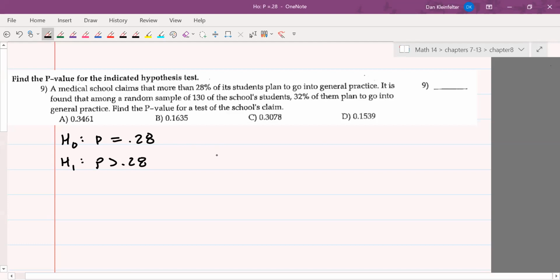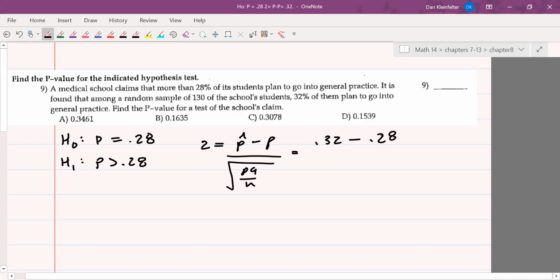The p-value is derived from the test statistic, and this one is about a proportion. So it will be p hat minus p divided by the square root of pq over n. The p hat comes from our sample, and that says that out of the 130 students, 32% plan to go into practice. The hypothesized value is 28%.